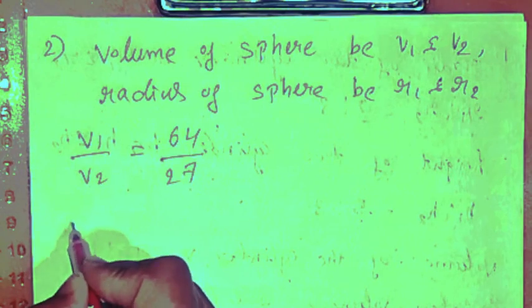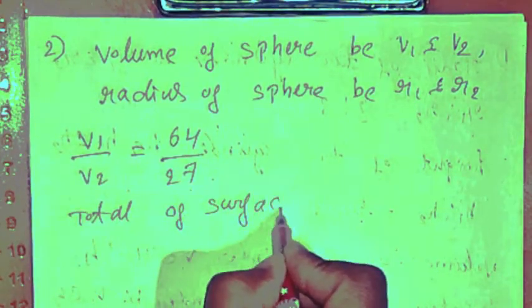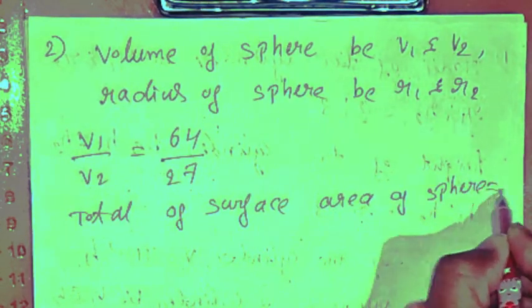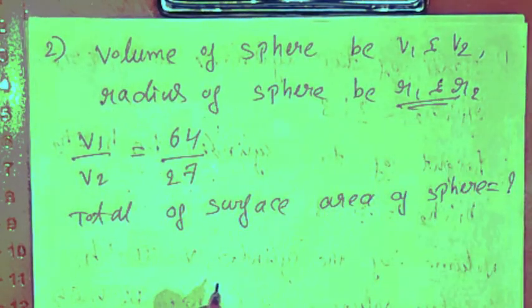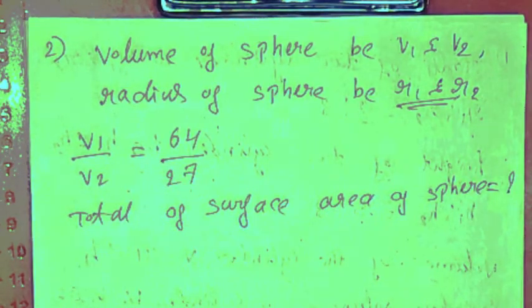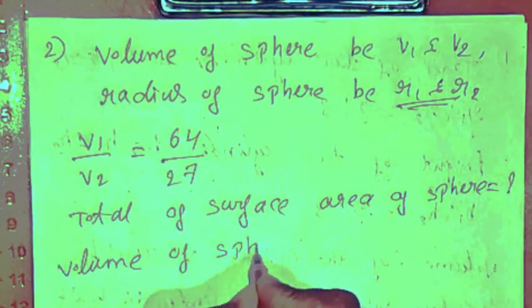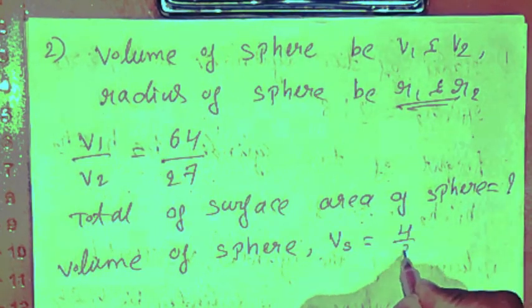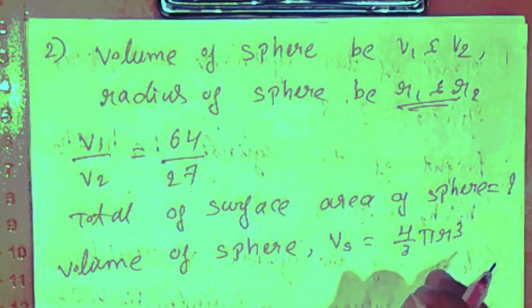We want to find the surface area, but we don't know the radius. Radius is not given, only the volume of the sphere is given. So using the volume of the sphere V equal to 4 by 3 into pi r cube, find the radius of the sphere.